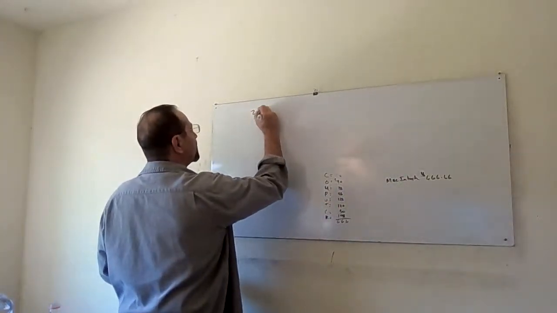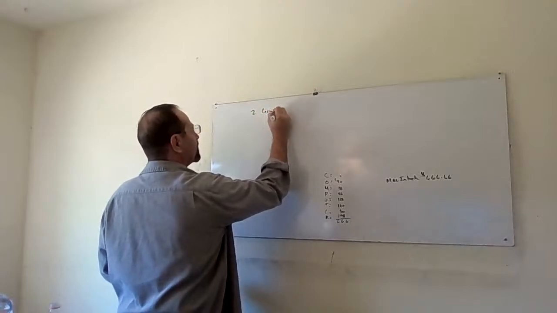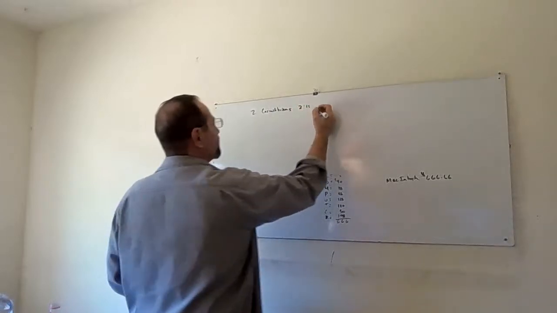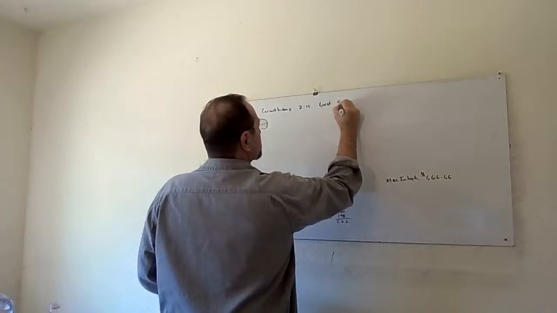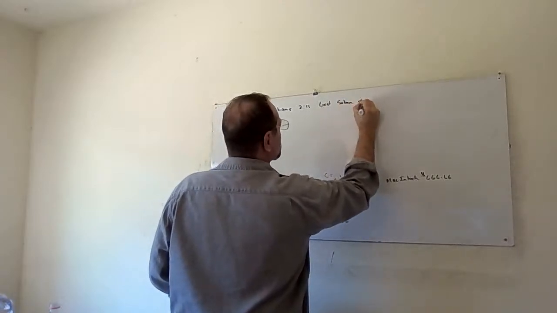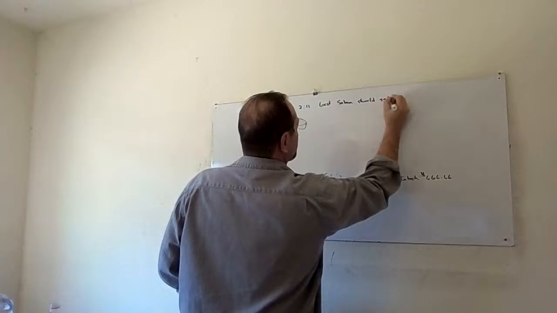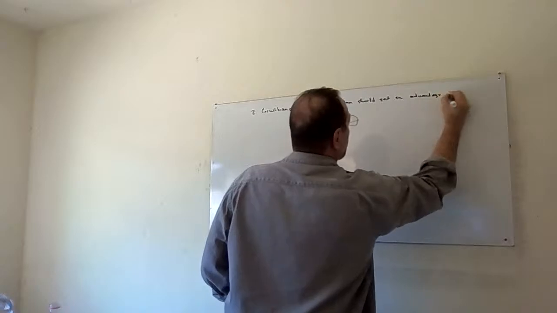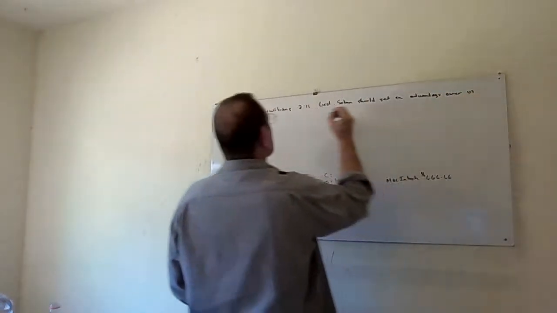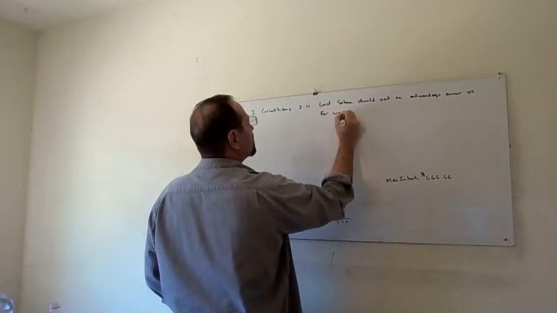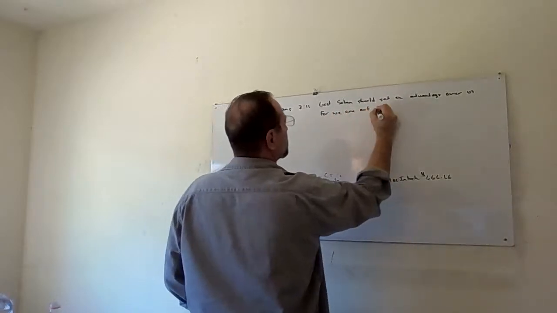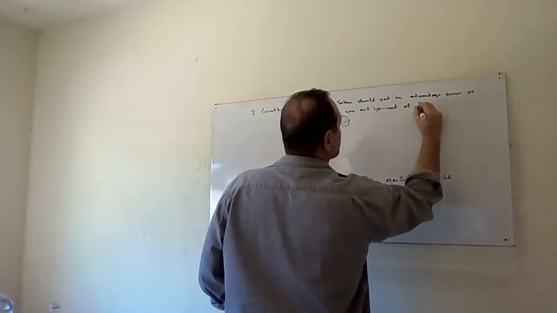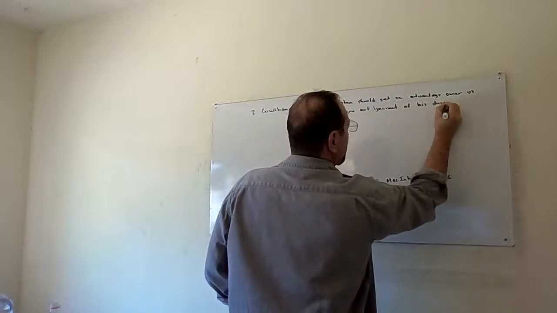And then 2 Corinthians 2:11 says, lest Satan should get an advantage over us, for we are not ignorant of his devices.